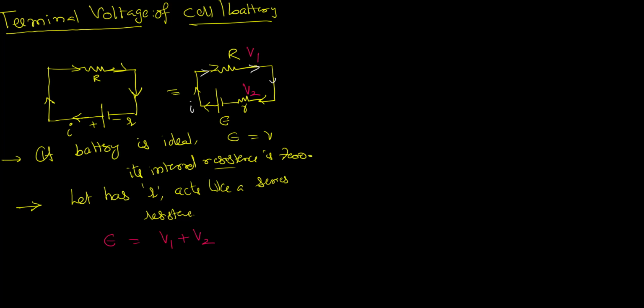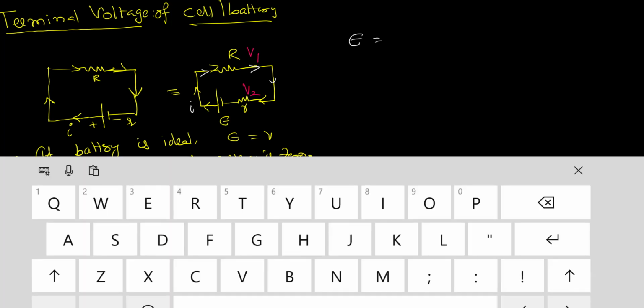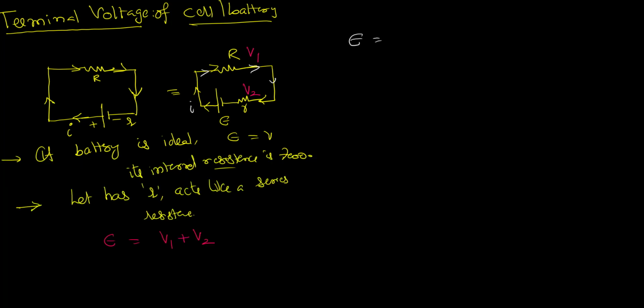So we can say the total EMF of the circuit is: the potential drop across the external resistance is I into external resistance R, that is Ohm's law. The potential drop across the internal resistance is I small r. So you can call the potential drop across the external resistance as the potential difference V, so E = V + Ir.